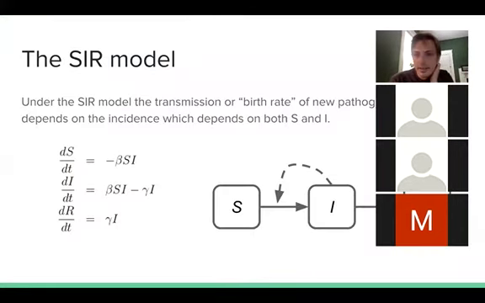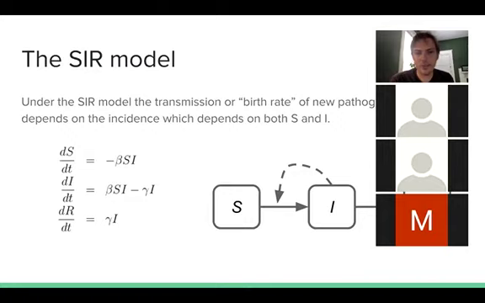And so two weeks ago, we considered SIR type epidemiological models. These gave us some basic insights into the epidemic dynamics of different infectious diseases, including that the transmission rate of any given pathogen, which we can think of as the rate at which new infections are being born through time, really depends on the overall incidence of the disease in the population, the rate at which transmission events are occurring.